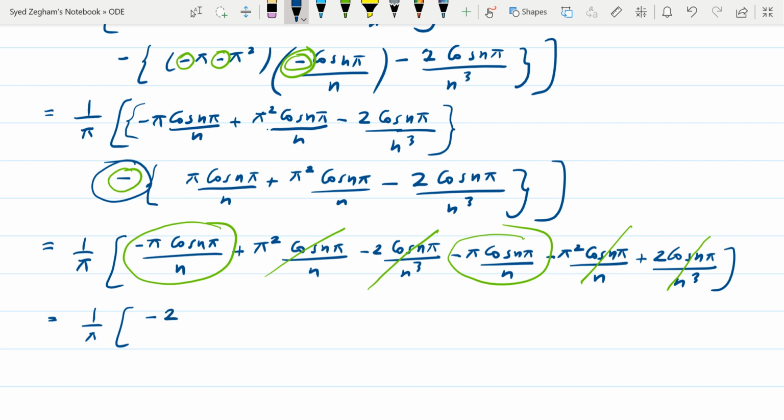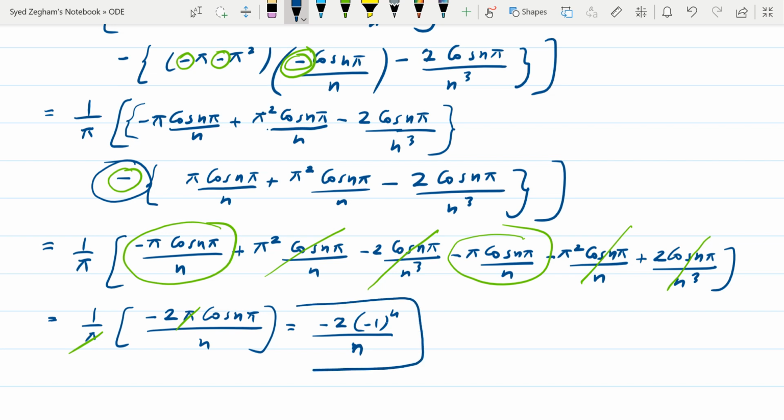This will become 2 times pi cosine n pi divided by n. And this pi will get cancelled with the pi in the denominator. So you are getting minus 2 by n cosine n pi. Cosine n pi is defined as minus 1 to the power n. So this is the value of your Bn.